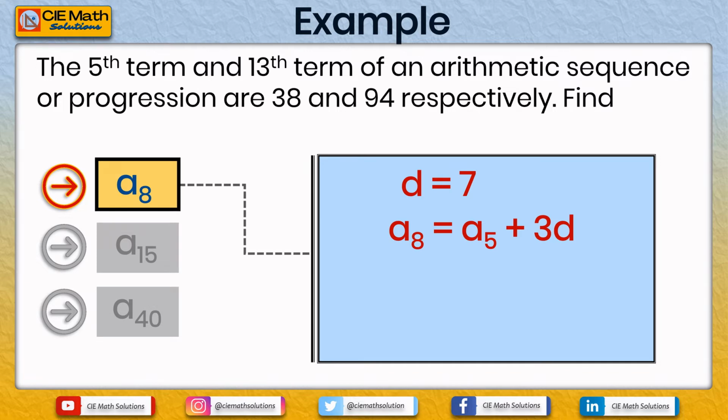This means that before we could reach A8, starting from A5, we need to add 3 d's. Substituting the values, we will have 38, which is A5, plus 3 times 7, which is the common difference. Simplifying the value, A8 now is equal to 59. The 8th term of the arithmetic sequence is 59.